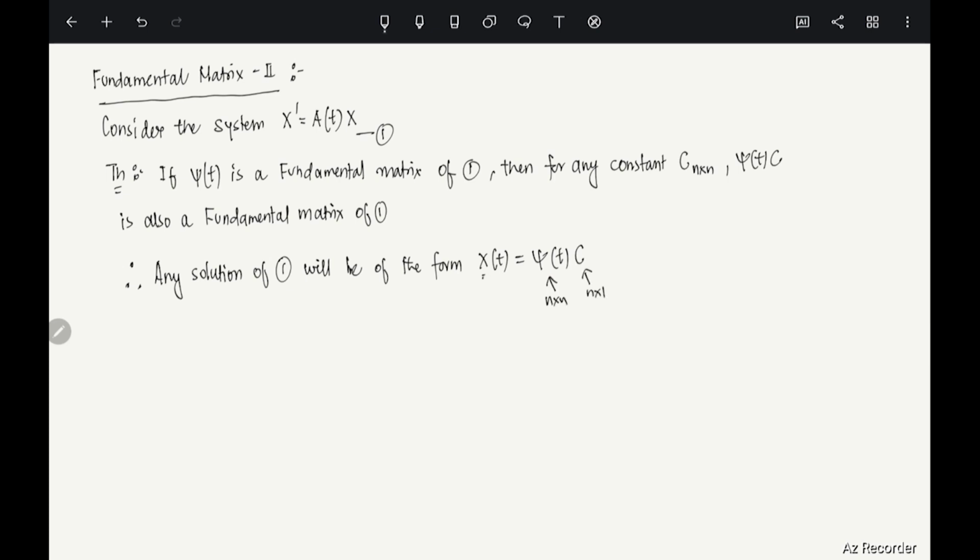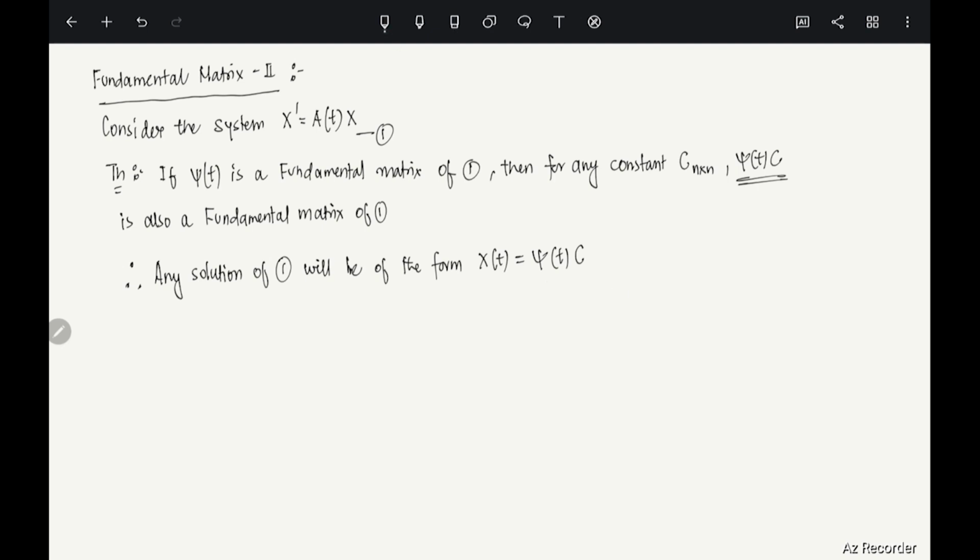This is the solution, not the fundamental matrix. We proved this in the last video also, if you remember.